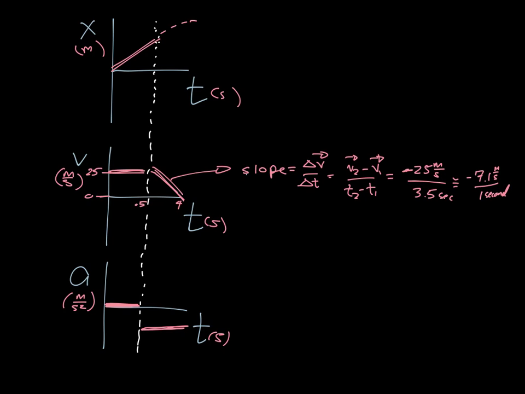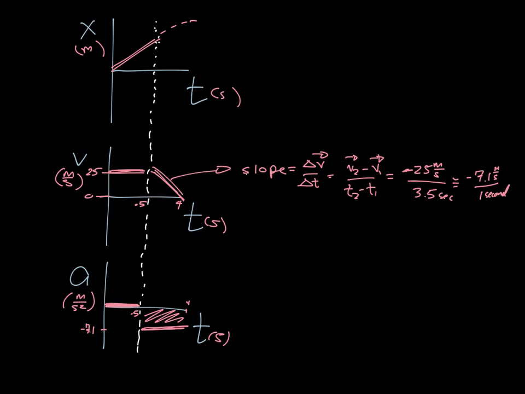So I'm going to be slowing down about 7 meters per second slower each second. So this looks like it's about minus 7.1, right? And then this is 0.5 seconds, and this is 4 seconds, right?